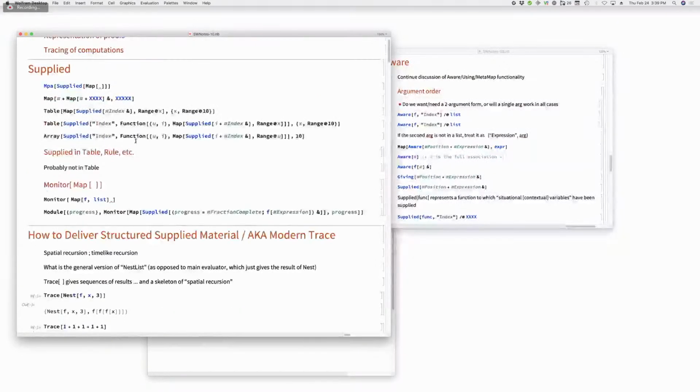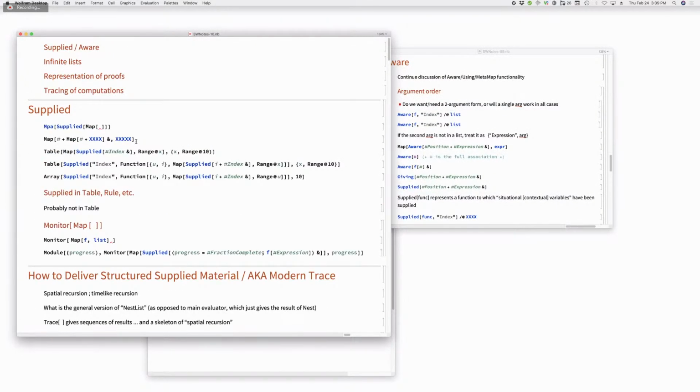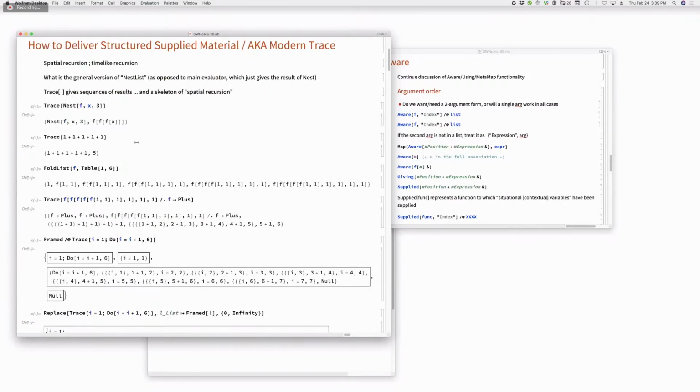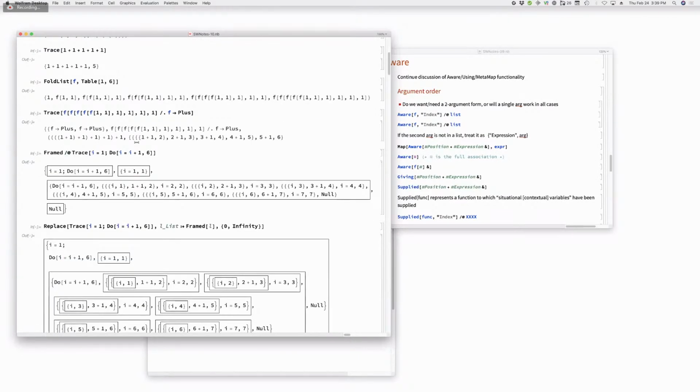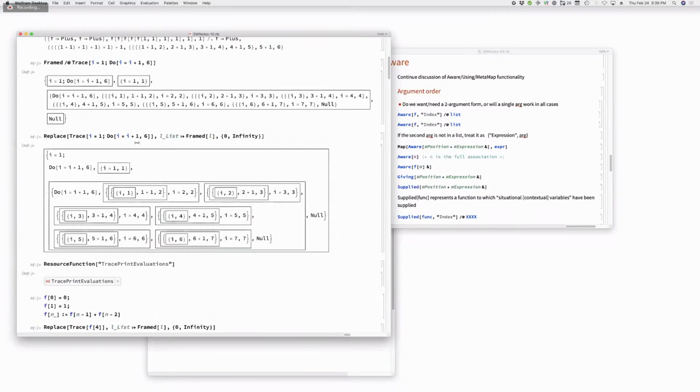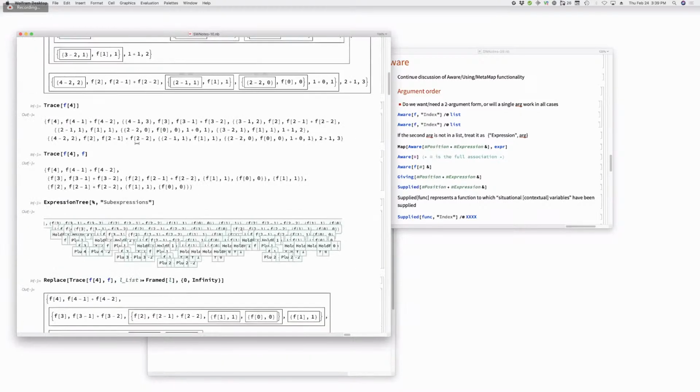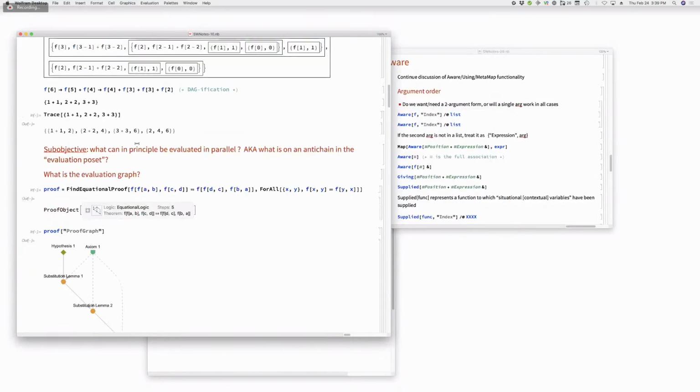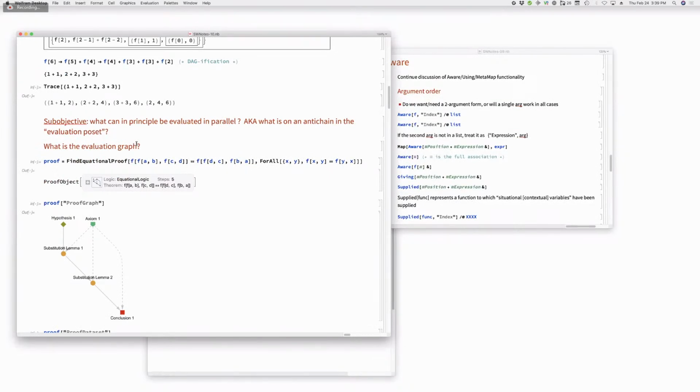Another thing that had come up was the question of, if we're actually going to implement multi-computation, doing lightweight parallelism within, for example, the evaluator.